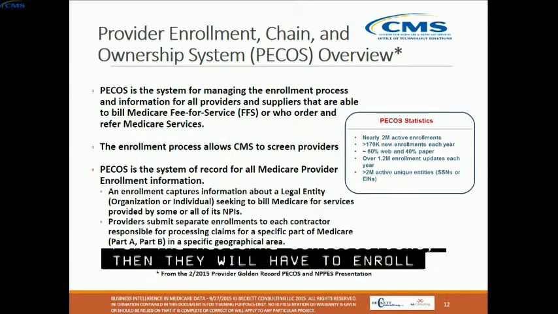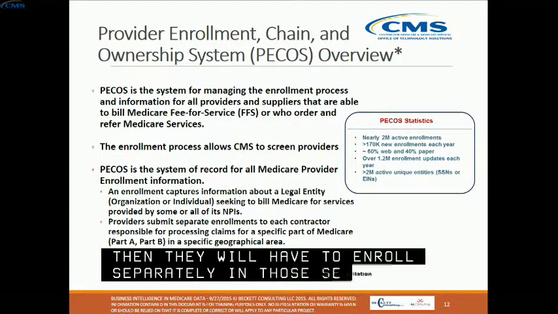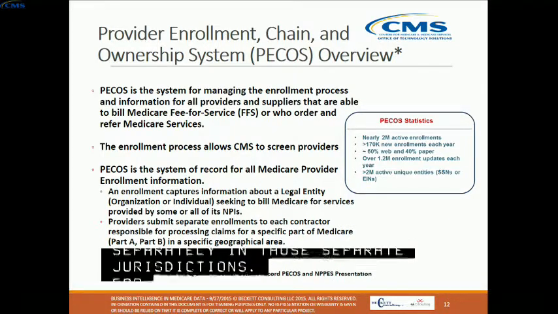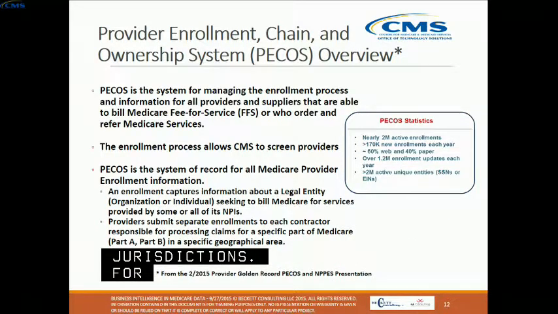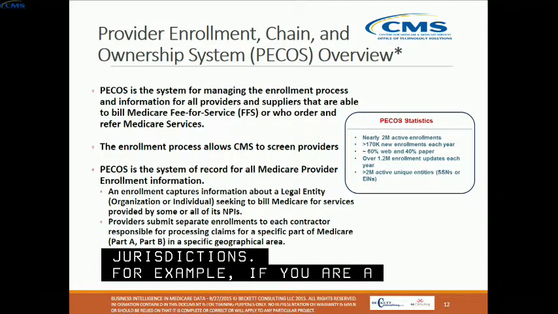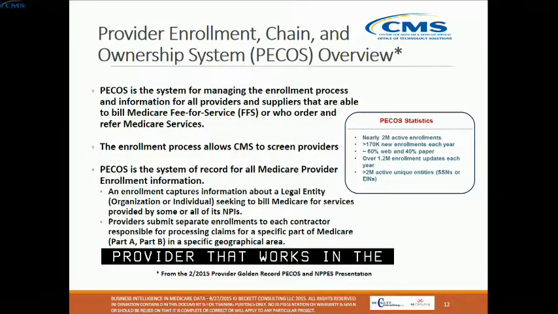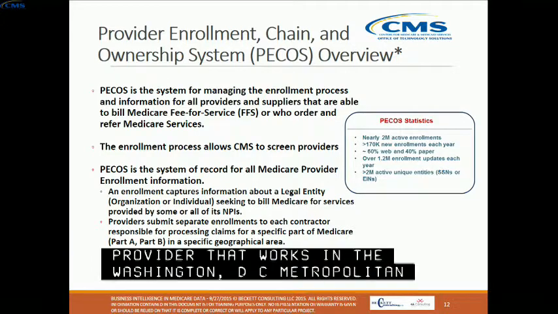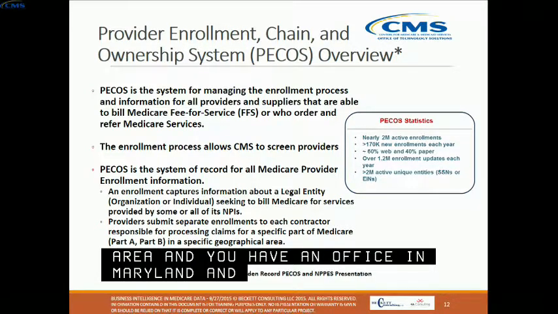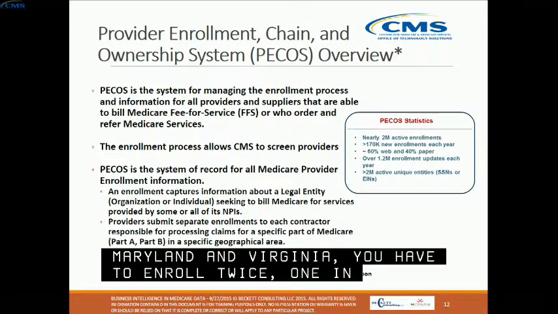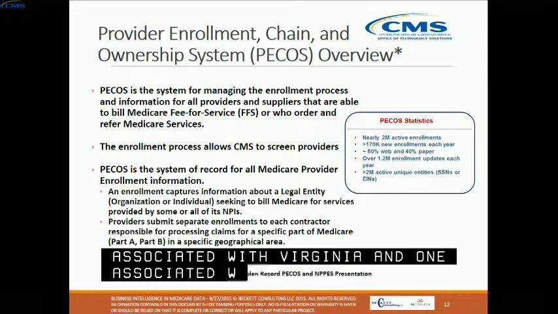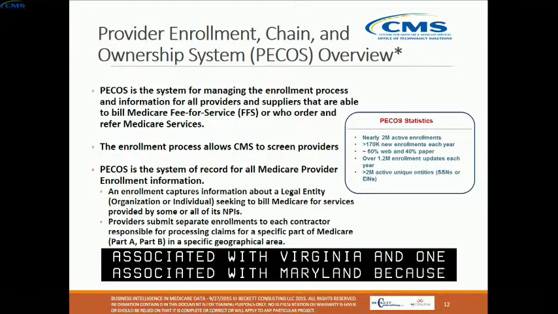So for example, if you're a provider that works in the Washington, D.C. metropolitan area, and you have an office in Maryland and an office in Virginia, you will have to enroll twice, once in the MAC associated with Virginia, and separately for the MAC associated with Maryland, because those are two separate jurisdictions managed by two separate Medicare administrative contractors in the Medicare system.